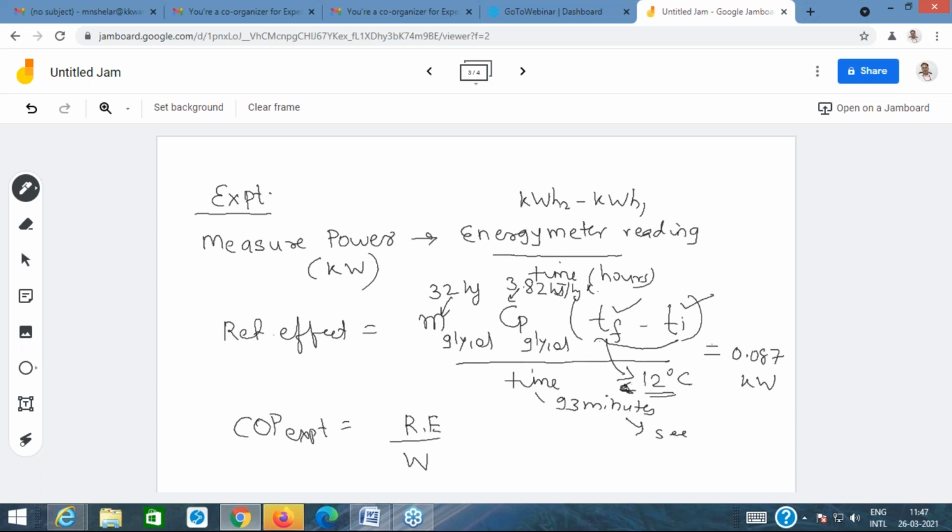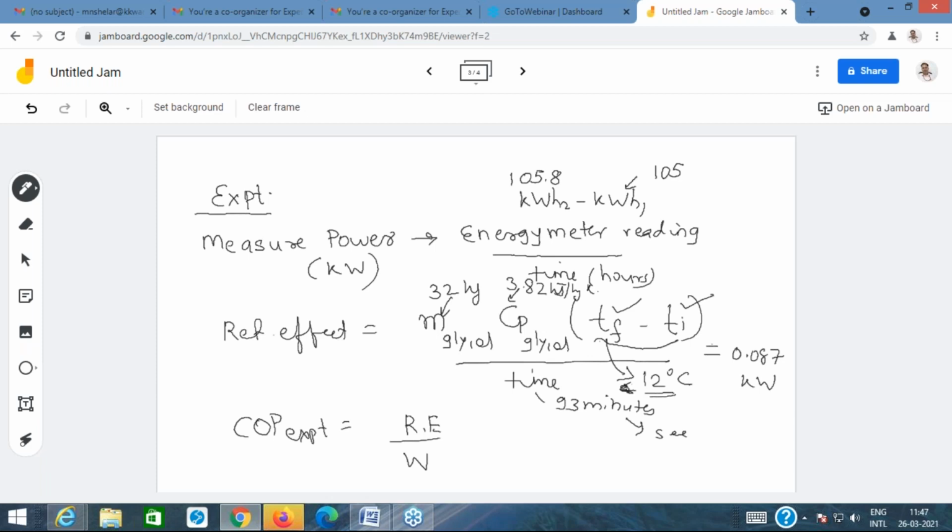And the compressor work, that is kWh2 minus kWh1, the final reading we got was 105.8 kWh. The least count of the energy meter is 0.1 kilowatt hour. So we had got 105.8, and this was about 105.